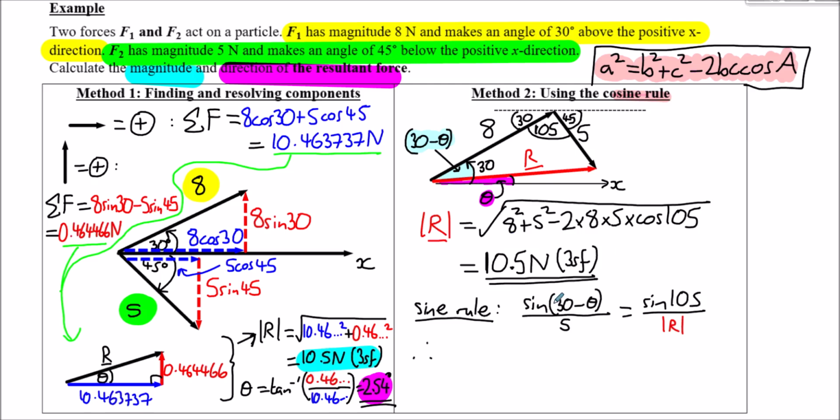So therefore, whatever 30 minus theta is, multiplying both sides by 5, then doing sine minus 1, that's going to be sine minus 1 of 5 sine 105 divided by R, which we've worked out from before, so we can use this again.